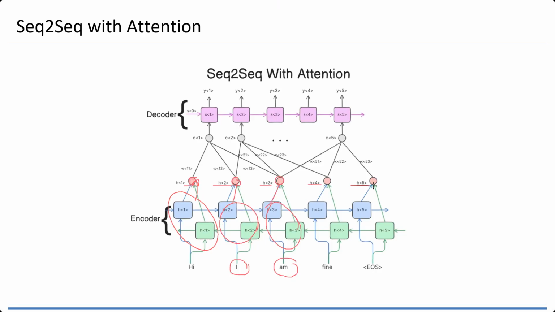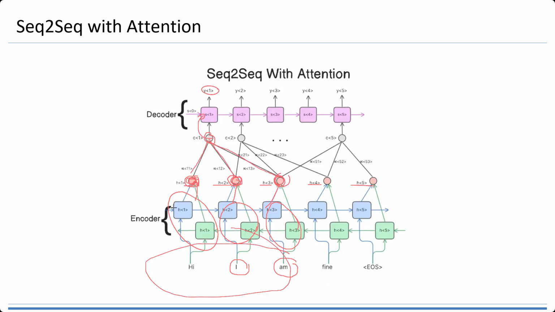And then we can apply the attention mechanism. I will check every one of these hidden states. I have a new matrix to determine what is the possible output, so I put the attention on some of the words that we have from the input.